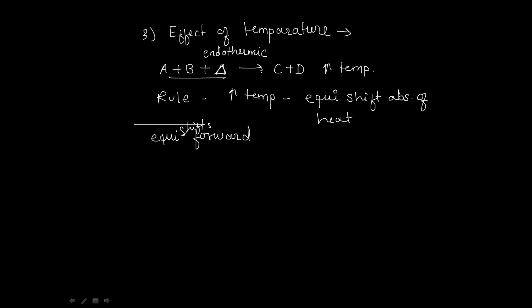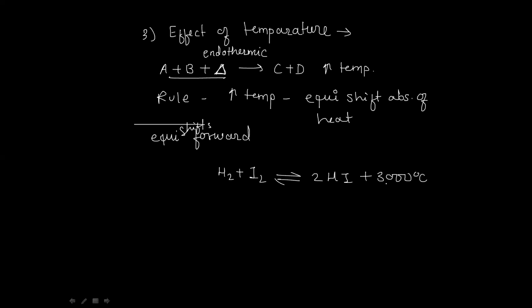If you increase the temperature of any reaction, it goes where the heat can be absorbed. That is the endothermic reaction. And for an exothermic reaction, suppose I take an example: hydrogen plus iodine reversible arrow hydrogen iodide plus 3000 calories.